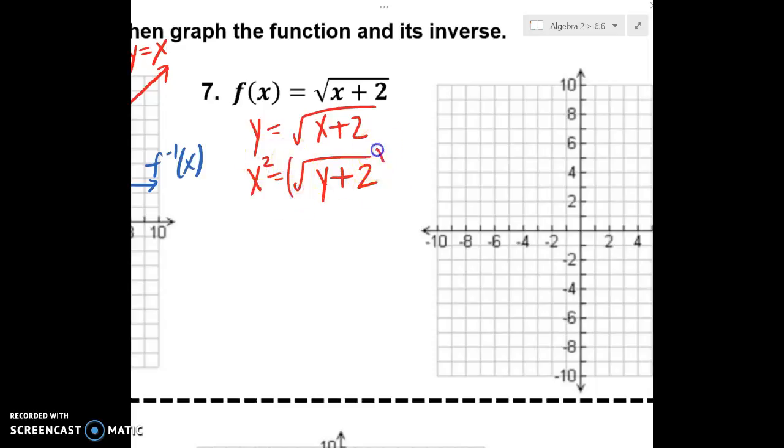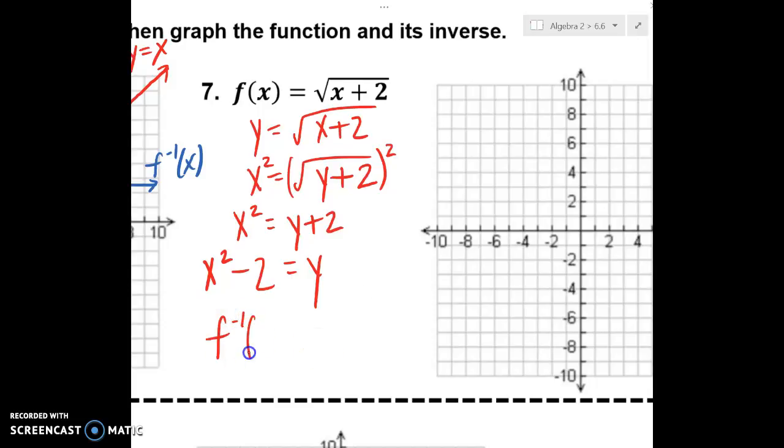So square both sides. X squared is equal to y plus 2. Now minus 2 on both sides. Okay. Now last step is to replace y with f to the negative 1 of x.